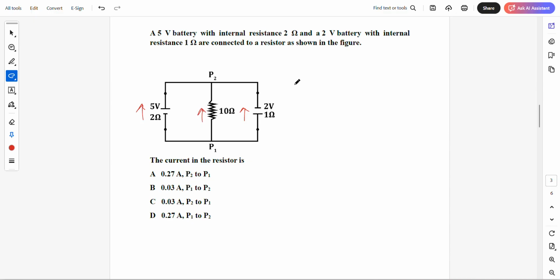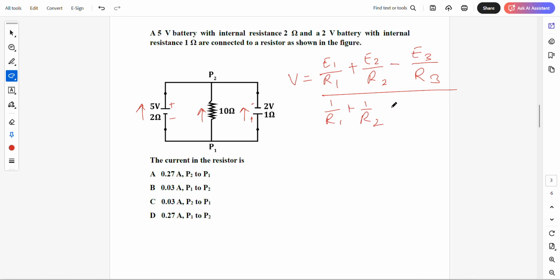Directly I will write V is equal to E1 by R1 plus E2 by R2. Here, see the polarity: this is plus and this is minus, so it becomes minus. Minus E3 by R3, divided by 1 by R1 plus 1 by R2 plus 1 by R3.